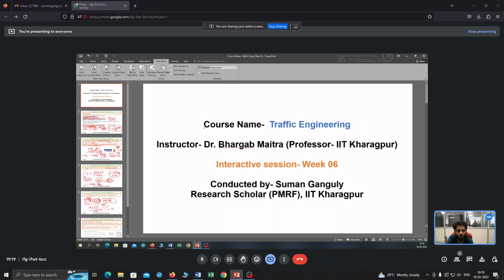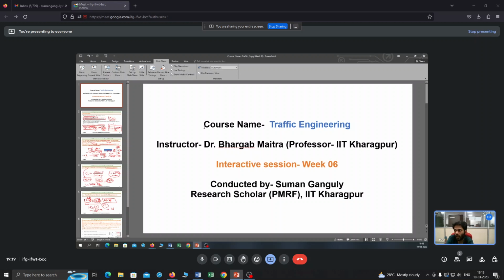Week 9, we will go to the traffic management module, where we will be learning about different traffic management measures using ITS, without ITS, the parking management measures, bus priority measures.